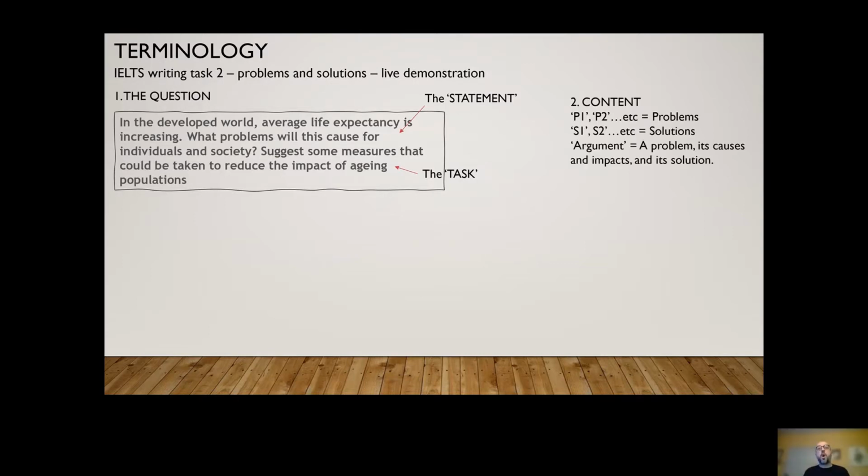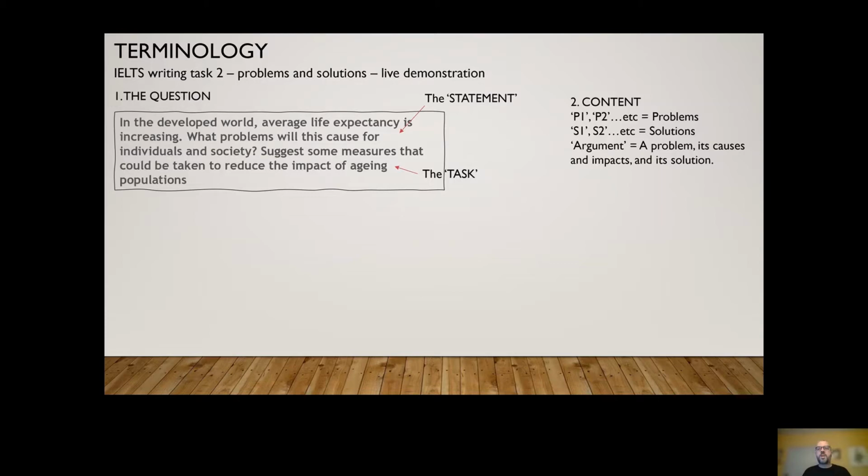Okay, so let's look at the content of this essay. In this demonstration, you'll see in my planning, I come up with multiple reasons why average life expectancy is increasing. I call those P1, P2, P3, etc. Those are the problems that I've come up with. I also need to come up with solutions to those problems, ideally solutions which are matched specifically to the problems that I have identified.